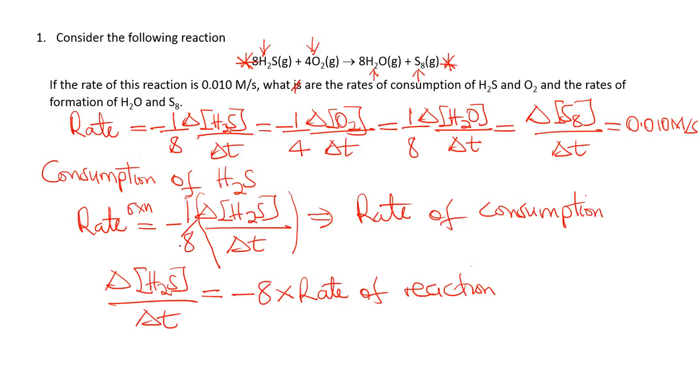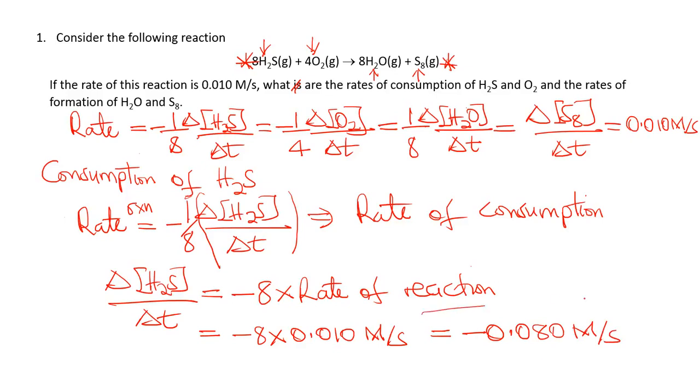To get rid of this coefficient, you need to multiply both sides by the coefficient. That's what we have here, negative 8 times rate of reaction, which in this case is negative 8 times 0.010, which gives us 0.080 molar per second. So this is the rate of consumption of H2S.